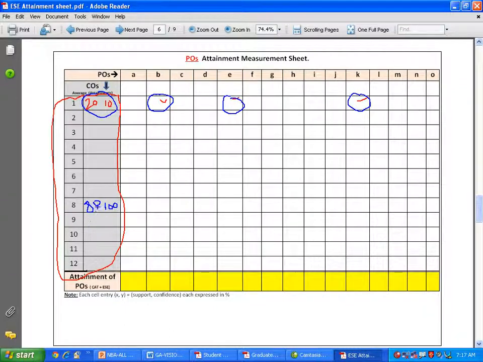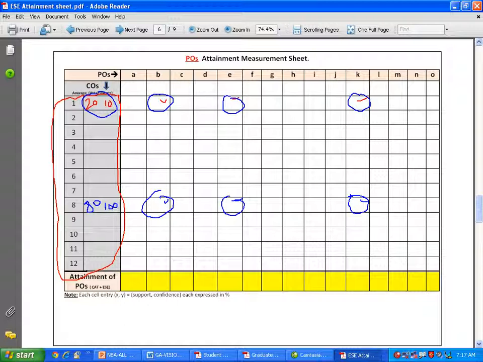So this 80%, assume that they are also contributing to B, E and K. That means this 80, 100 you are copying here also. Like that, depending on how well you have mapped the course outcome to the program outcome in your course syllabus, based on that mapping, you copy from left to right.